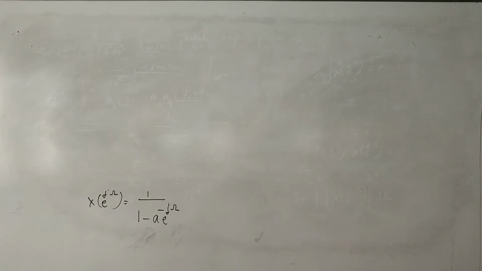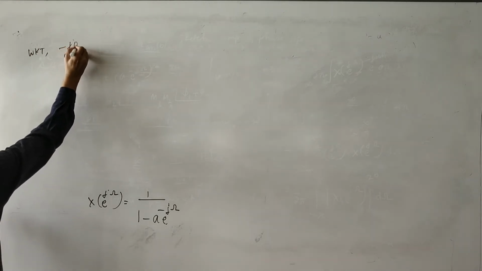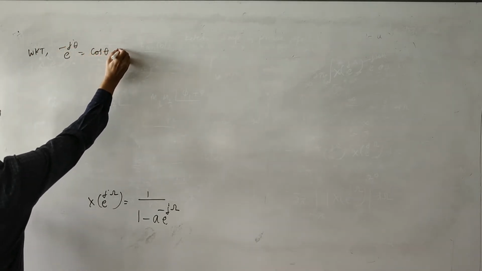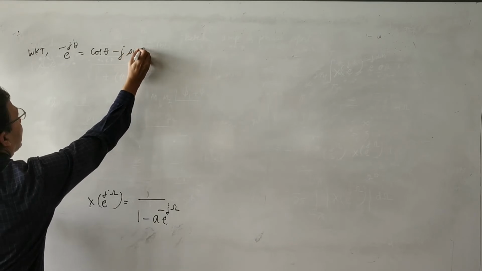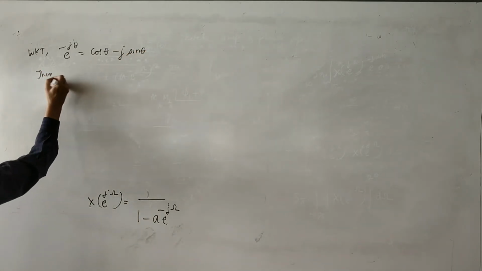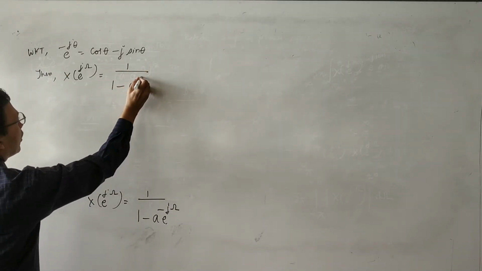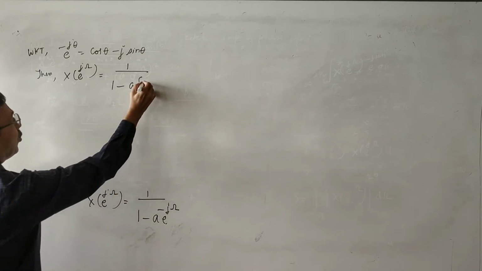What is the magnitude? We know that e to the power minus j theta is cos theta minus j sin theta. This is the best way. Then X of e to the j omega is 1 over 1 minus a e to the power minus j omega. What is e to the power minus j omega?